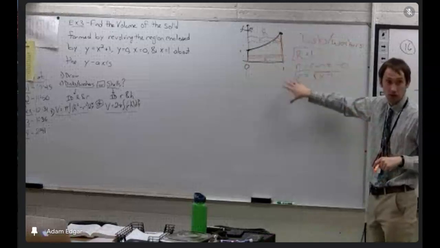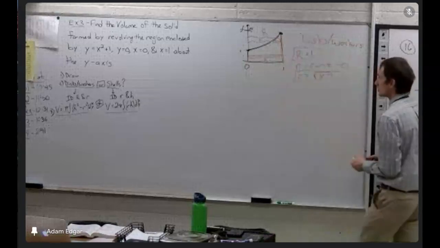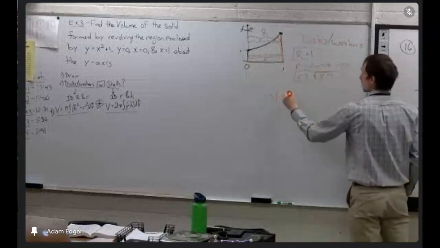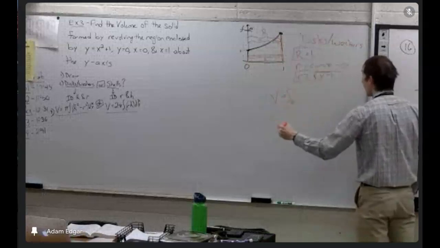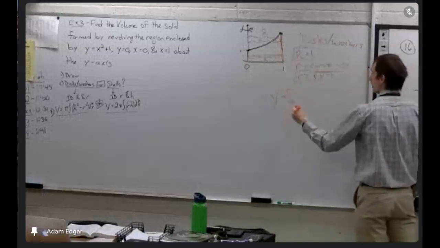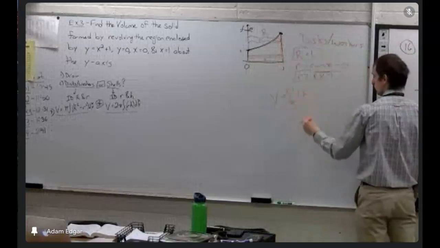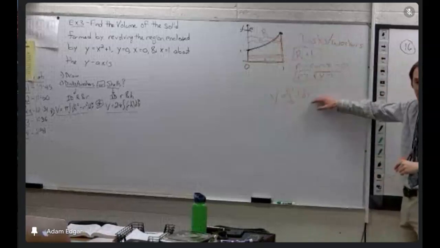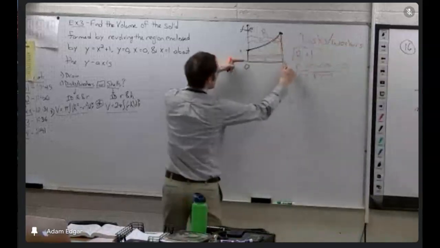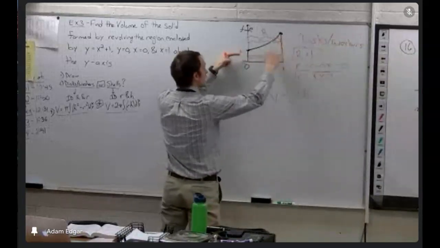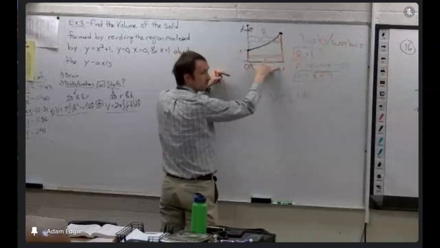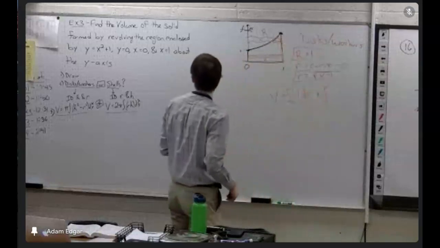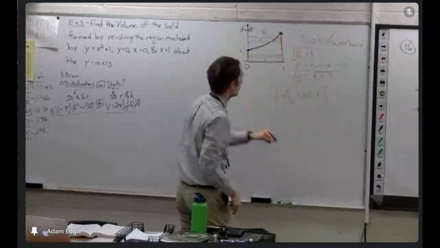We're not going to solve it all the way out. We'll just set up the integral. Integral from 0 to 1, and from 0 to 1 it's just dy, because that's this section. From 0 to 1, it's just a disc of radius 1. And then we continue on, from 1 to 2.